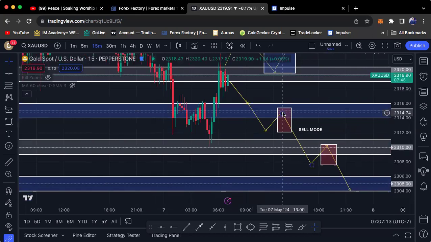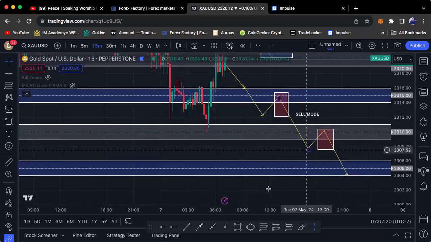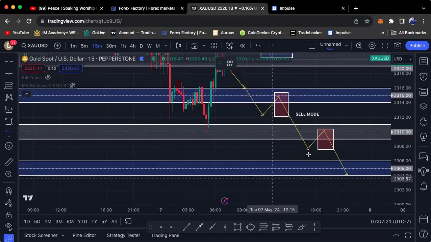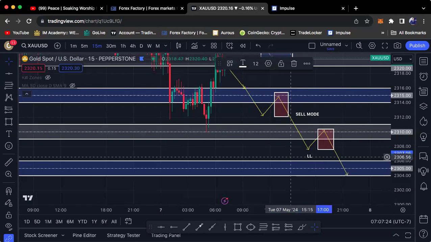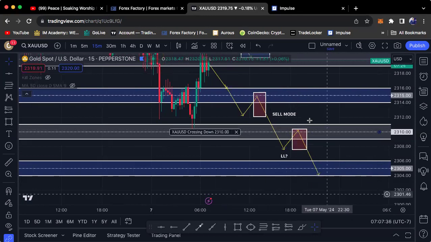Now I'll take it here. And if it creates a new lower low here, even better, because I know that it is trending down. It breaks below, retest, take the sell here, boom.